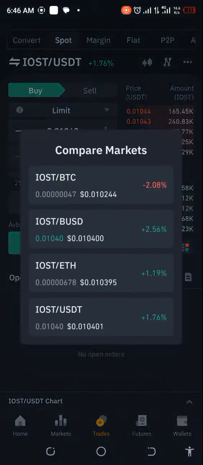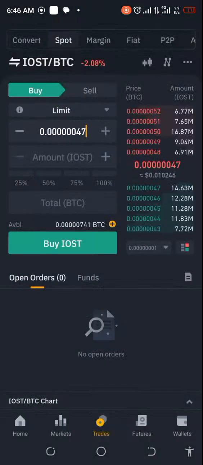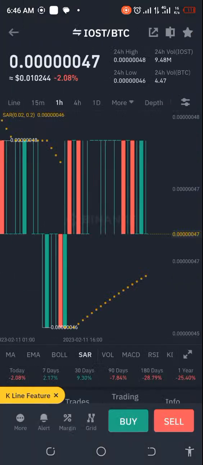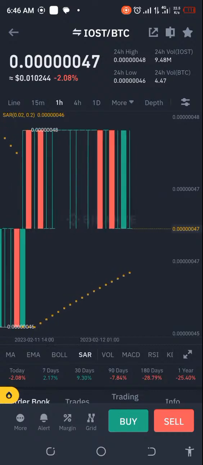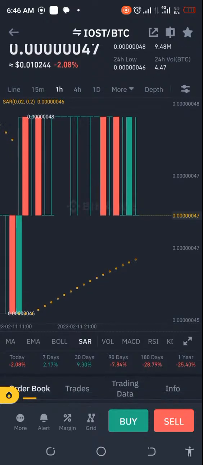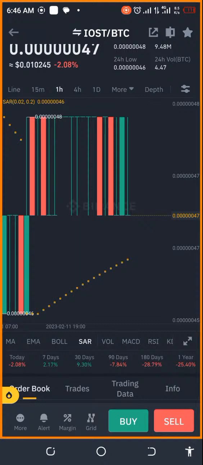Let's look at the BTC IOST chart and use that to check what we're talking about. I don't understand why this is looking like this, but you'll see it was actually appreciating. The BTC IOST chart looks really funny.